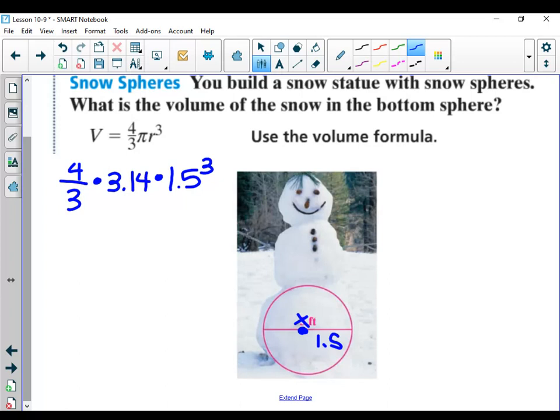We just write 1.5 3 times. You can do 1.5 times 1.5 times 1.5, or you could use that little caret button. Either one's going to work.